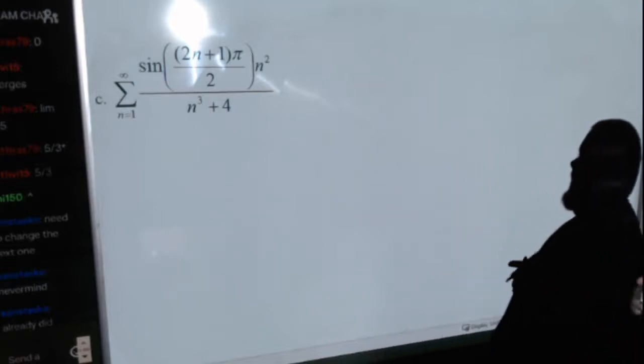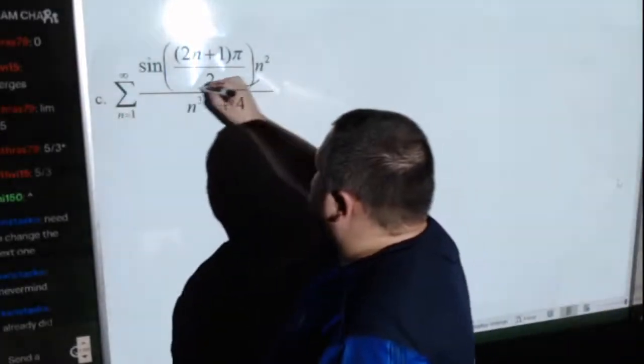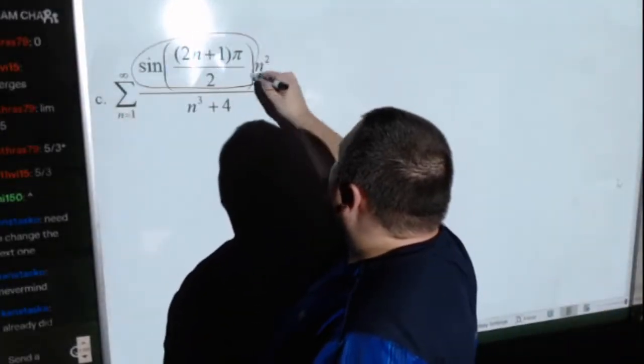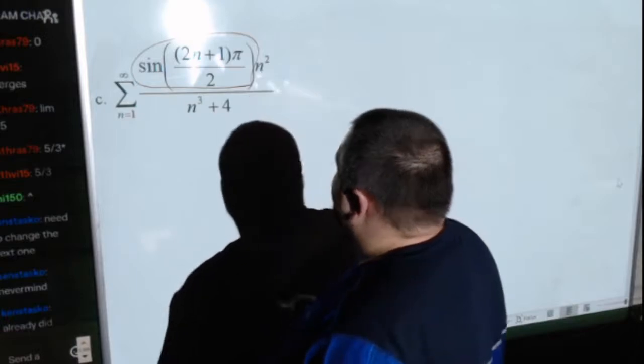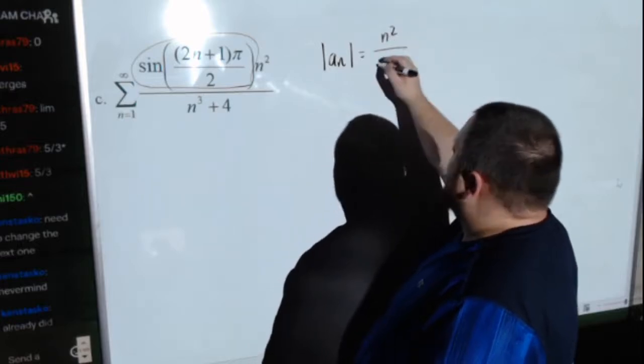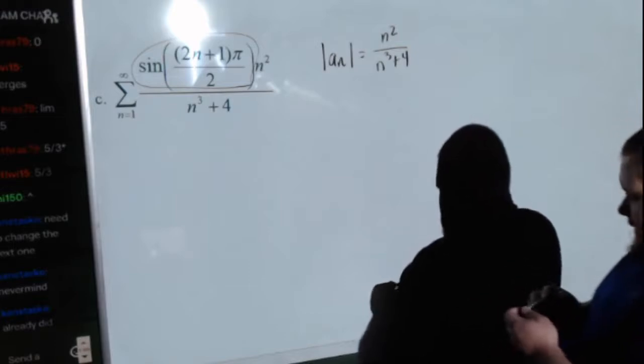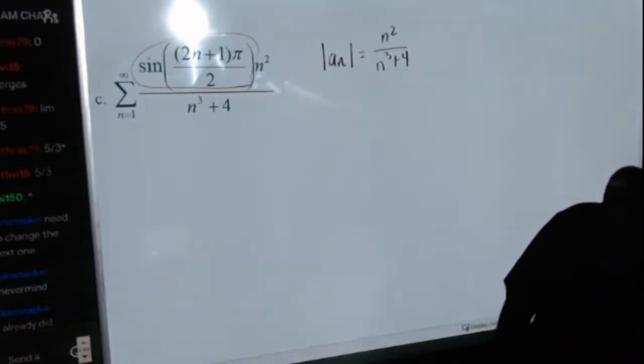All right, so once again, once I take that absolute value, this portion right here is going to disappear, right? So absolute value a sub n is n squared over n cubed plus 4. Again, plotting that function.